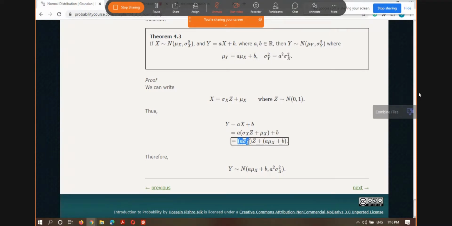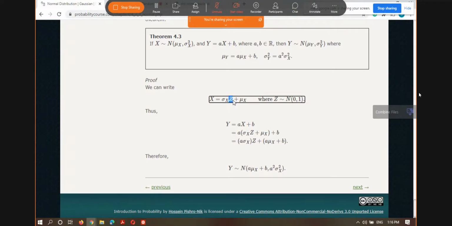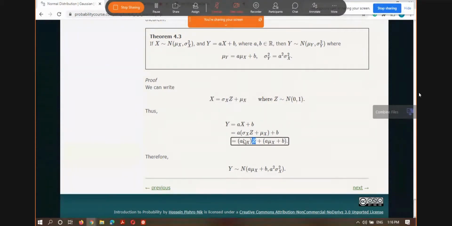Because if you have z as a standard normal variable, this coefficient is the standard deviation of x, and this is the mean. So from there we can see that now this y can be written in this form, and the coefficient of z is this one. So this is the standard deviation of y, and its square is the variance of y, which is a square sigma x square, and this part is the mean of y.